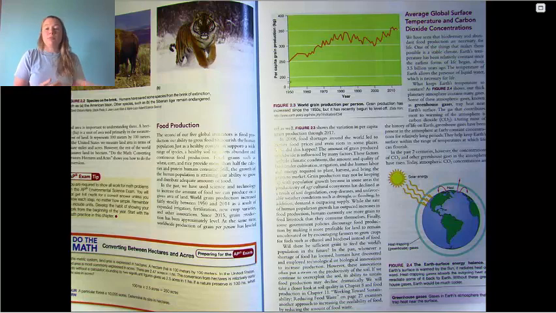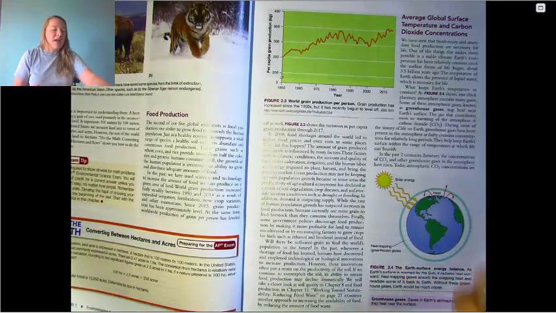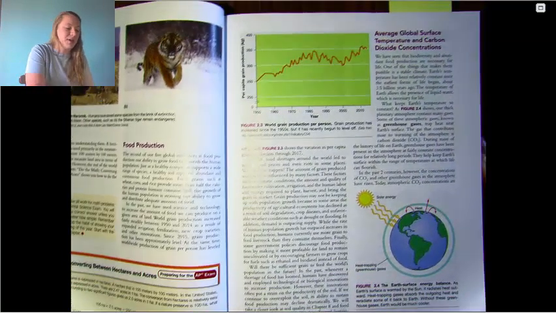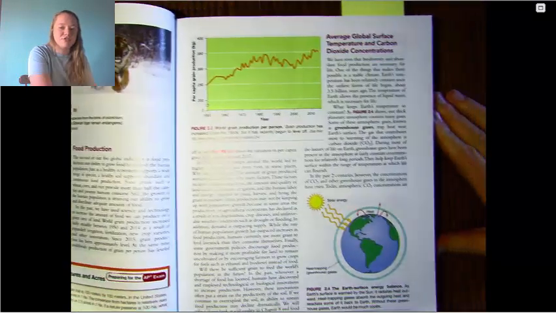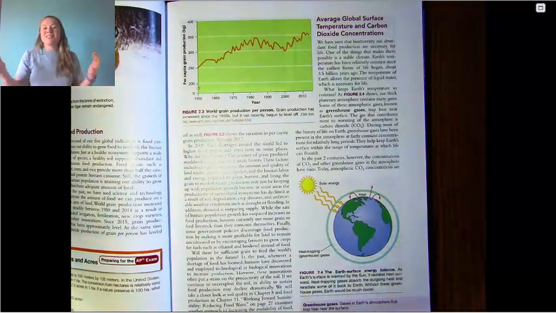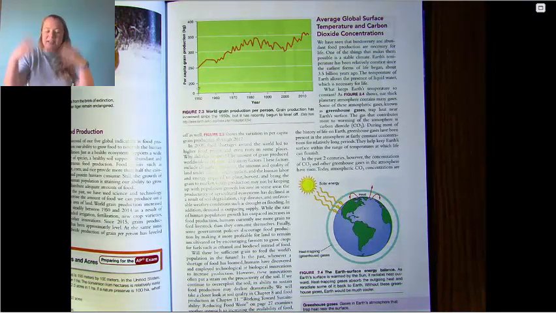Our next global environmental indicator is the average global surface temperature and the carbon dioxide concentration. This is where we get into the greenhouse effect. Greenhouse gases are gases in the atmosphere that trap heat.